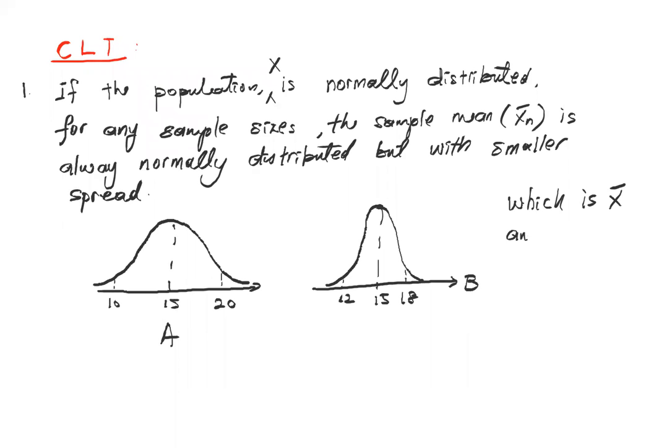Which is X, no bar, and which is X bar 10? So you see my N is not X bar 10. Why? Okay, want to give the answer?